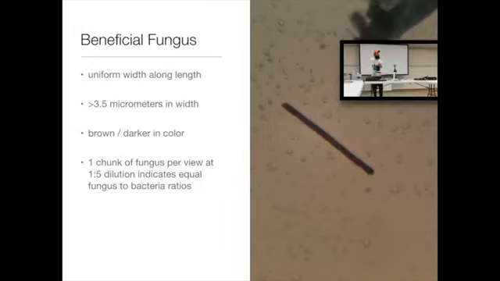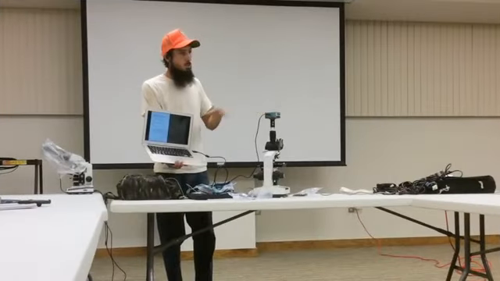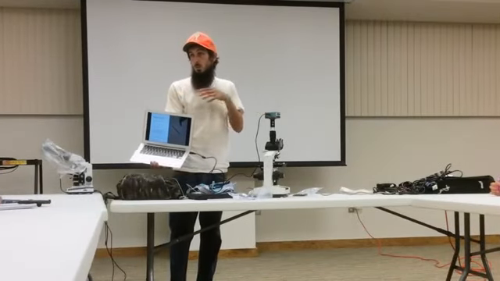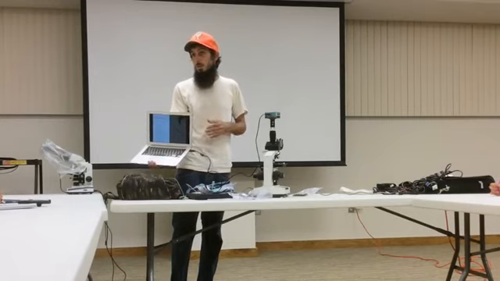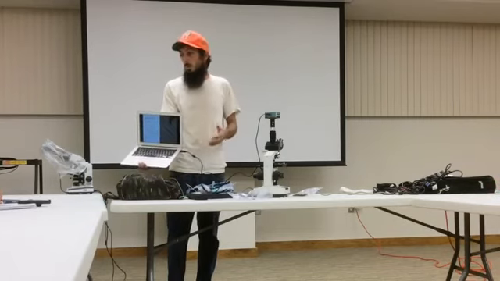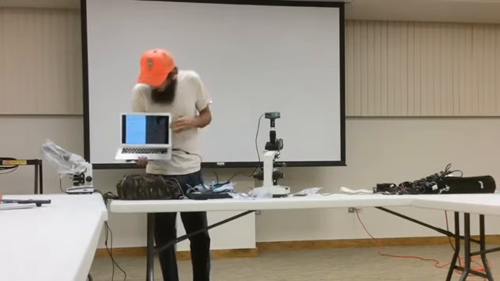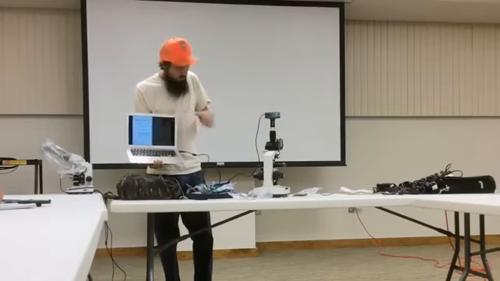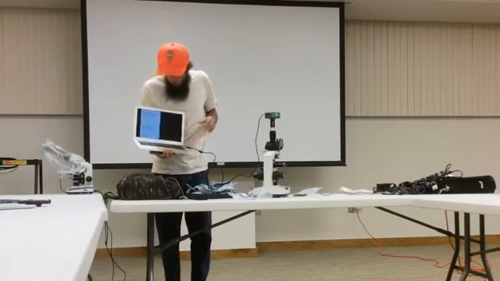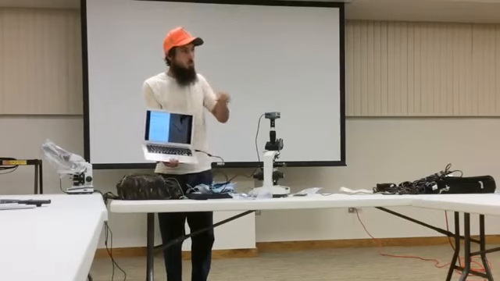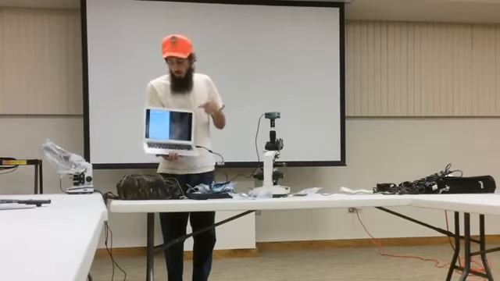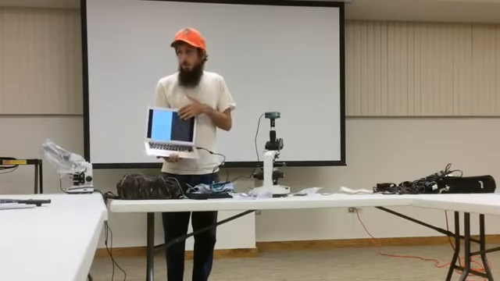So these are the guys that restore oxygen back to the soil, and this is what I'm most focused on, beneficial fungus. And when I'm looking through the microscope, that's what I'm trying to see to determine the health of my soil, determine if my inputs are working. So beneficial fungus are parallel tubes in the soil, and they're darker brown in color.